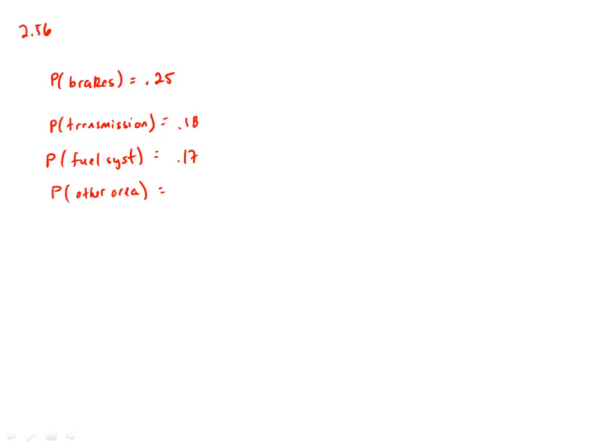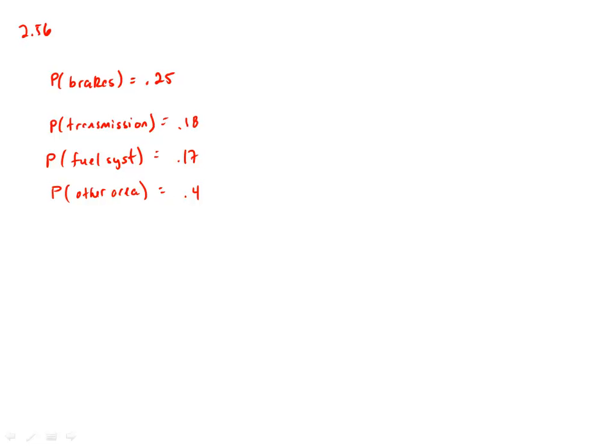So probability of brakes is 0.25, probability of the transmission is 0.18, and probability of the fuel system equals 0.17. So that's the information we have, right?